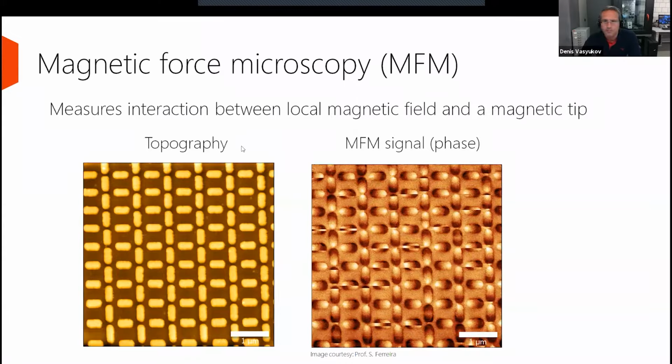Now, what exactly is magnetic force microscopy and why would you need it? Well, it's rather obvious. If you have a magnetic material or a thin film of magnetic material on a surface, or you have a magnetic nanostructure, and you would like to know the local polarization of your magnetic dipoles or the configuration of magnetic domains, so all these magnetic signals that you would like to visualize, then you need some sort of a magnetic imaging technique.